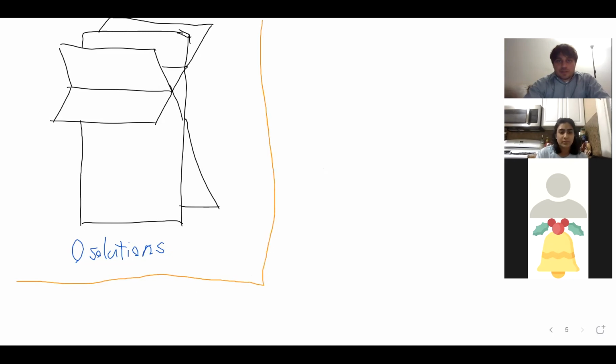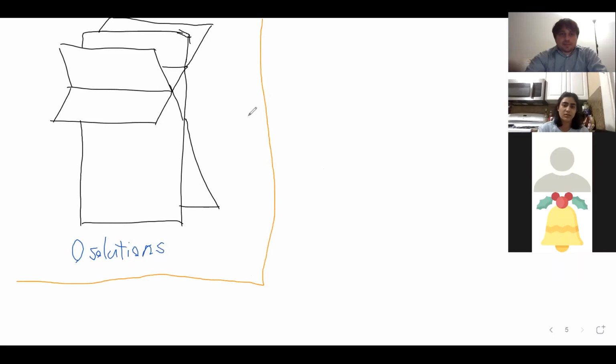So those are three. During the exam, we don't have to draw these, right? I mean, I could ask any test question, but let's just go through it. So those are 3.